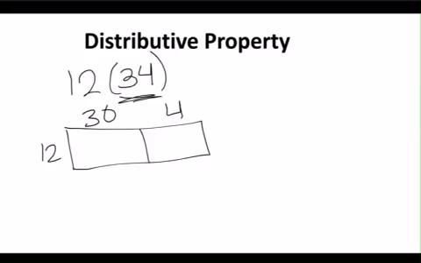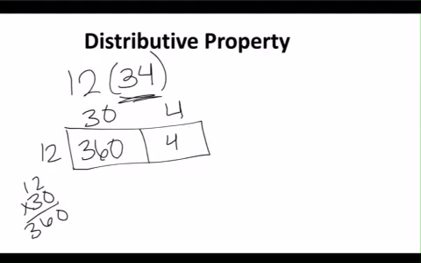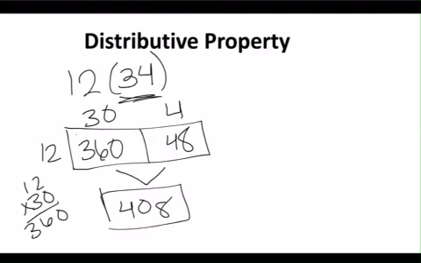Well, what's 12 times 30? You can still do the math on the side if you need. Well, we know 12 times 3 is 36. Add the 0. That's 360. 12 times 4 is 48. And then you add the inside. 4 plus 6 is 10. Carry the 1. The answer should be 408.